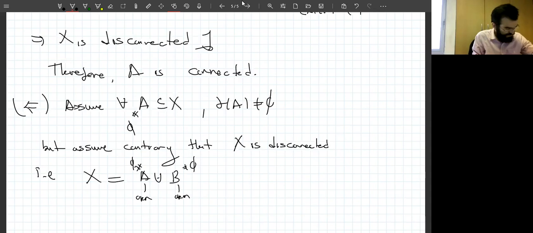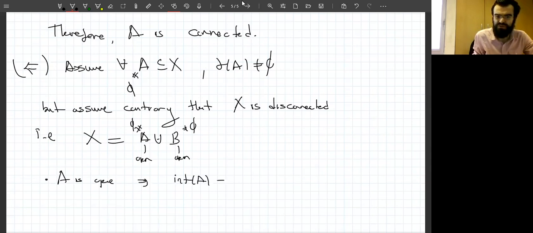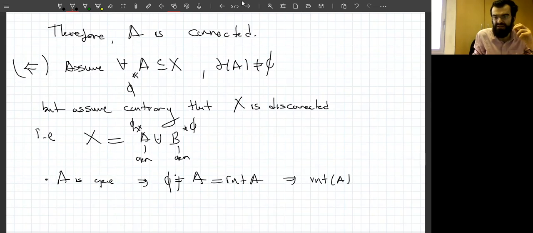Now A is open, so interior A equals A, so no need for this part.